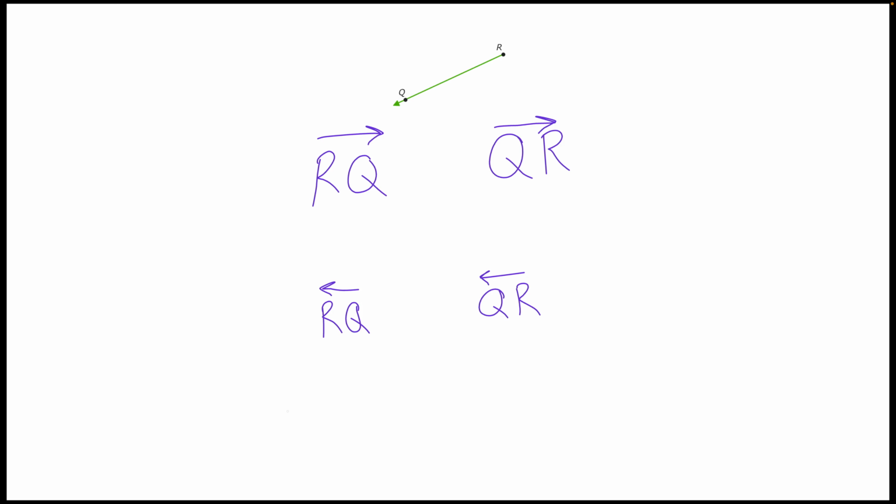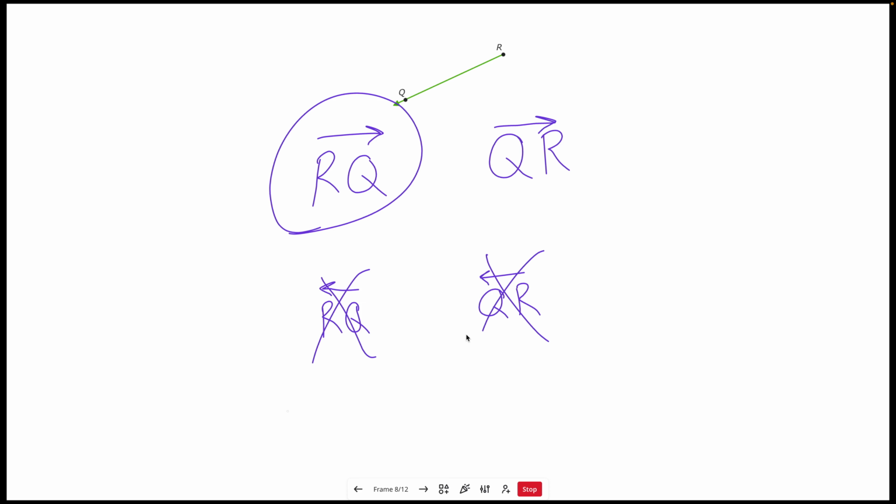Okay, so for this one, let me just tell you the right answer. The right answer is RQ. All right, and this answer is incorrect because it's going the wrong direction. This answer is also incorrect. It's going to the left. Okay, it should go from left to right. So if you're reading in English, you read from left to right. So that's why the arrow goes left to right.